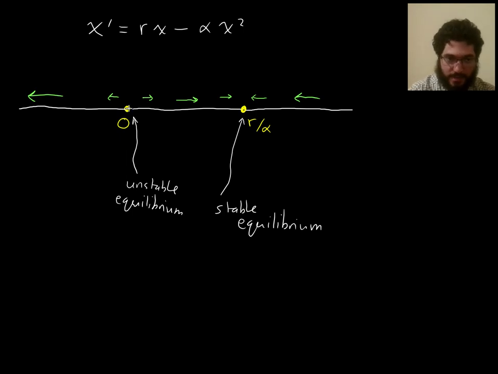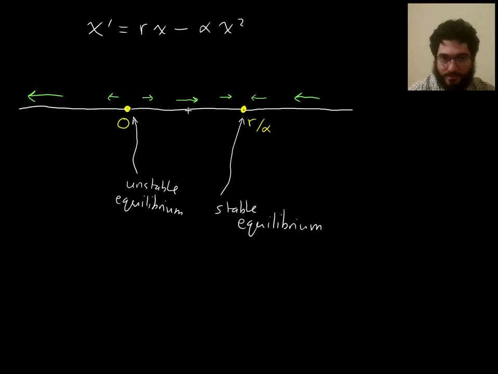So if you start at a very small positive number, very close to 0 but not quite 0, then you will run off to the right. And if you start with a very small negative number, just a little to the left of 0, it'll run off to the left as time goes on. So you would say 0 is an unstable equilibrium. You really have to be exactly at 0 in order to remain at 0 forever.